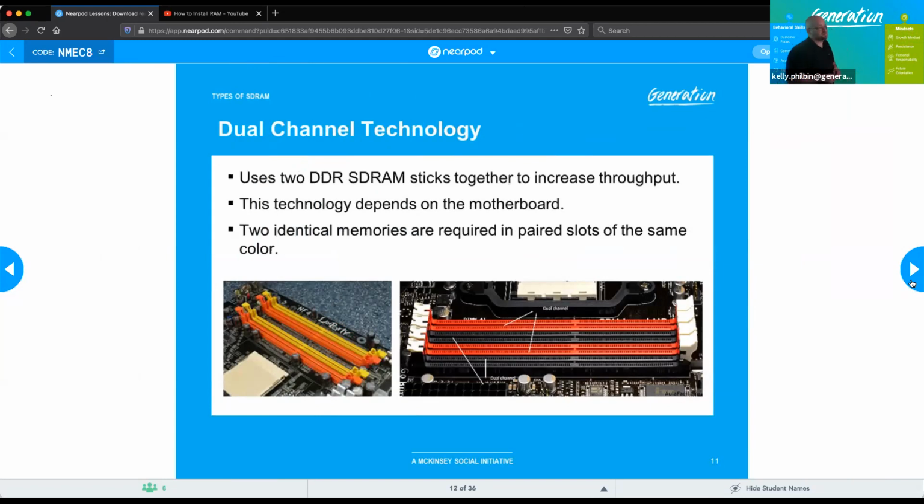More commonly nowadays, you will see dual channel, which is why you see these different colors, like the red and the black, or the yellow and the red. In this case, the 2 yellows would operate as a single bank. The 2 reds would operate as a single bank. When you are installing memory into these banks, they have to match.